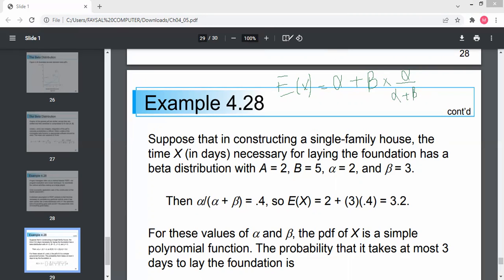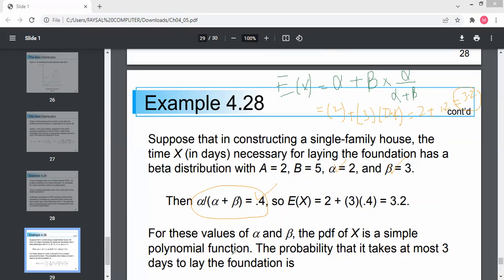Now I have to see what alpha is. Alpha value is 2, so I write 2. Beta is 3. And alpha upon alpha plus beta is 0.4, so it will be 2 plus 1.2, which is 3.2.